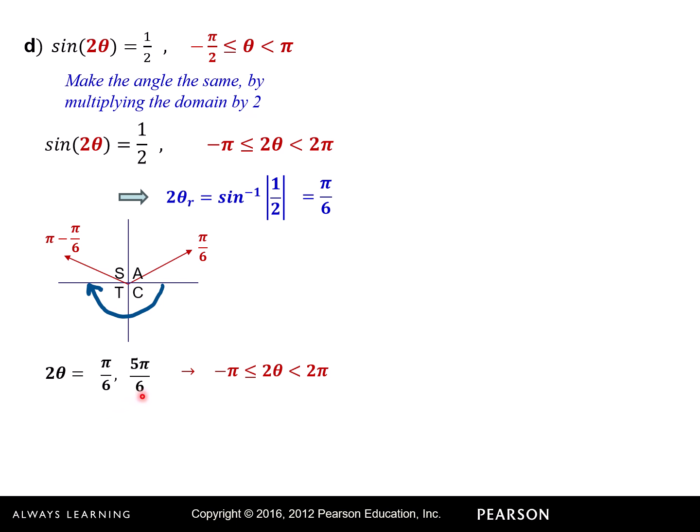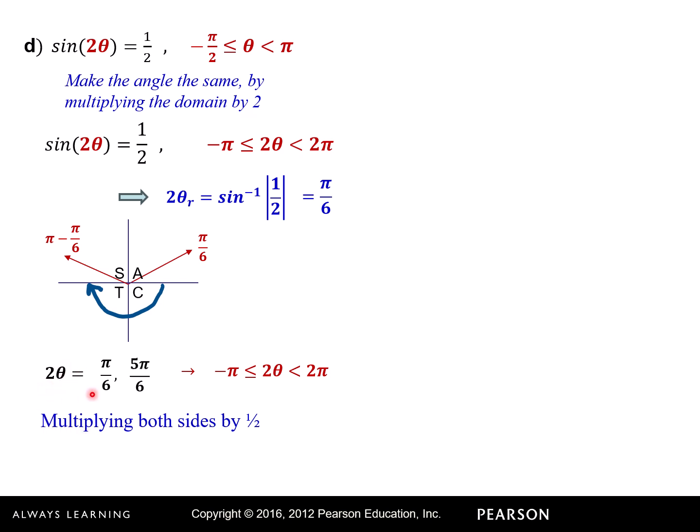But take note, as we said, these two solutions are from negative pi to 2 pi and are equal to 2 theta. But what we need is only theta, where the domain is from negative pi over 2 to pi. So what we're going to do with these two solutions, which are equal to 2 theta, is multiply them by 1/2 to get theta.